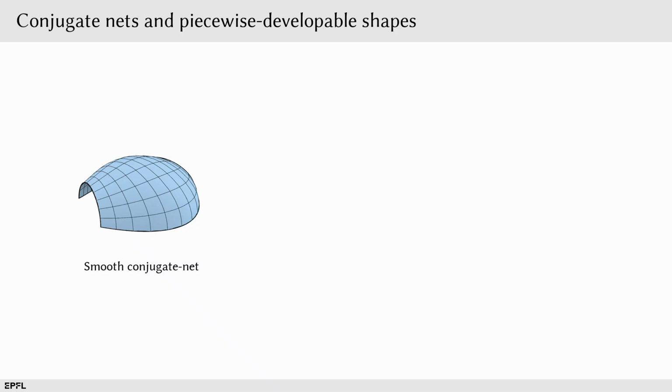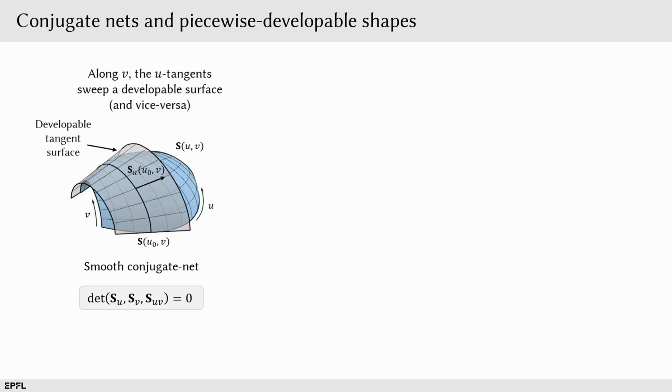A conjugate net is a surface parameterization that satisfies this property, namely that the first partial derivatives and the mixed derivative of a surface parameterization are linearly dependent.